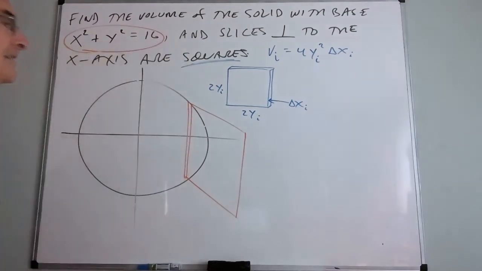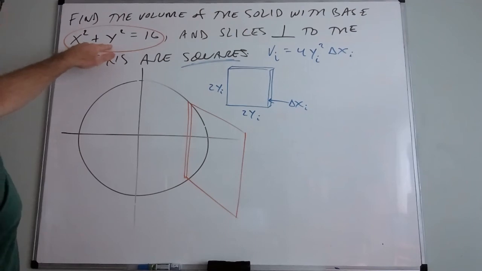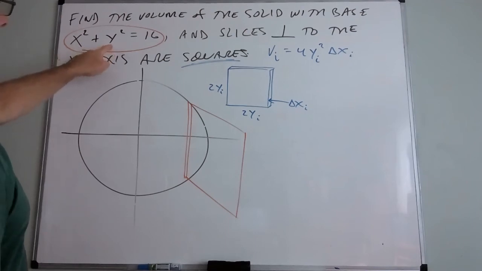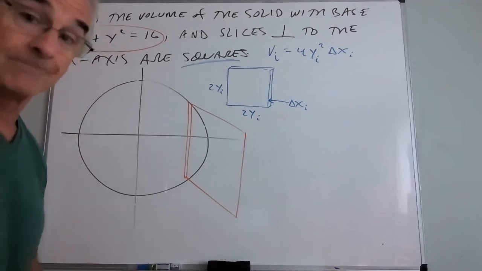Well, I'm bound by that particular equation. So do I have a relationship between x and y? Yeah. Okay, so what's the value of y squared? That would be 16 minus x squared.